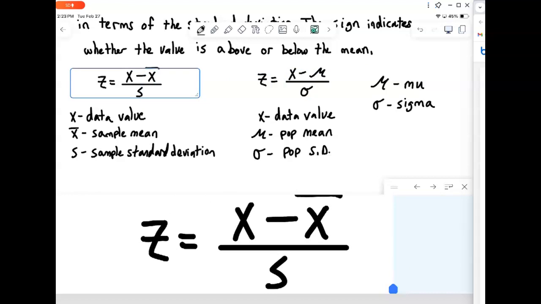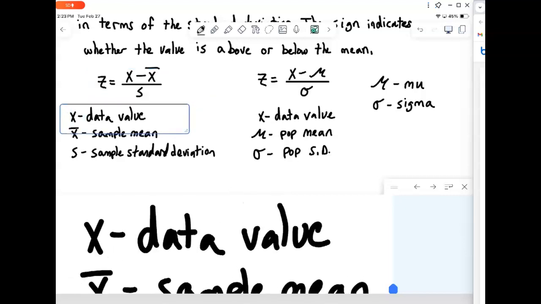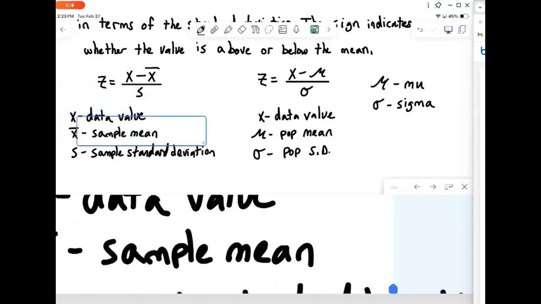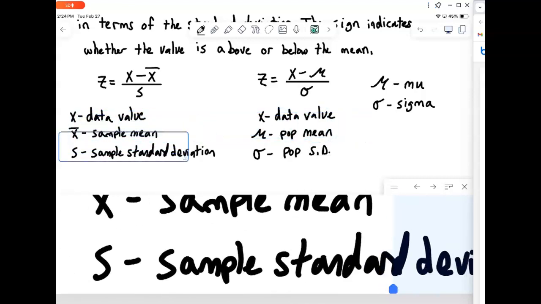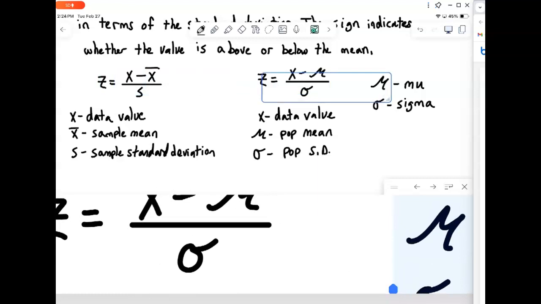The two formulas are basically the same, using slightly different symbols. That isn't quite the reality, but it will be good enough for us. So we'll treat them as just taking our data value minus our mean, whether that's sample or population, doesn't matter to us, and then dividing by our standard deviation. So that's the formula for the position. And in the upcoming videos, we're going to take a look at using this.